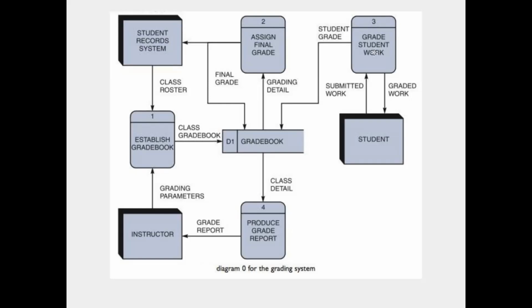Third one, we have to get the students to submit the work, and then the student will receive the graded work, and the student grade is recorded in the grade book. Last one, when you get the class details, you generate the report. So you can see now, in this particular case, we have 4 different processes.